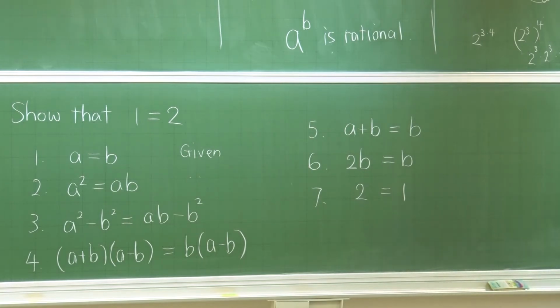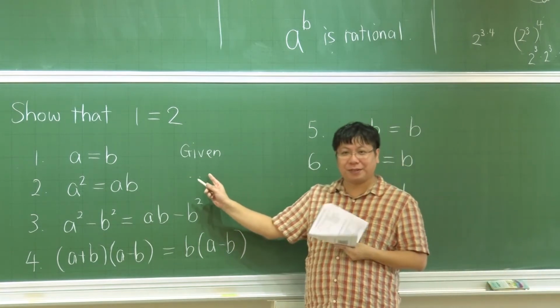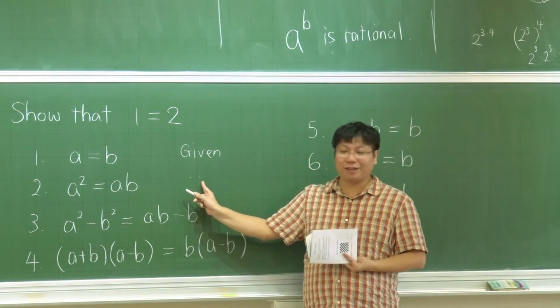What's wrong? There must be something wrong, right? There are two places. One is more critical than the other. Which part is wrong? Is it wrong to multiply A on both sides? No, nothing wrong here.